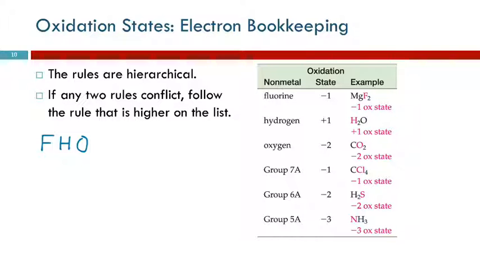So F-H-O, that's the order here. F-H-O 765. The noble gases get left out of this because they don't make compounds. So fluorine gets his first choice, then hydrogen, then oxygen, then somebody in group 7, group 6, group 5. So those are the rules.